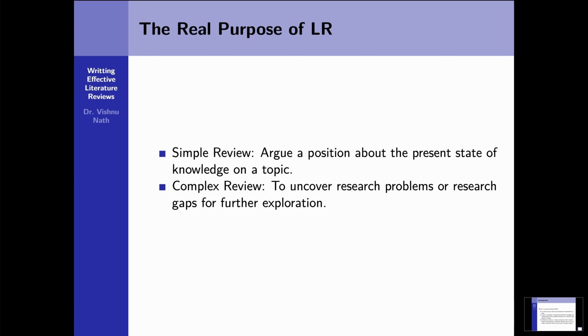It doesn't come at the second step when you have finalized the topic. No, you start with the literature review, then you finalize the topic, and then you further explore the topic in greater detail as to what is the scope of research available in that topic, what are the gaps, and how these gaps can be fulfilled.